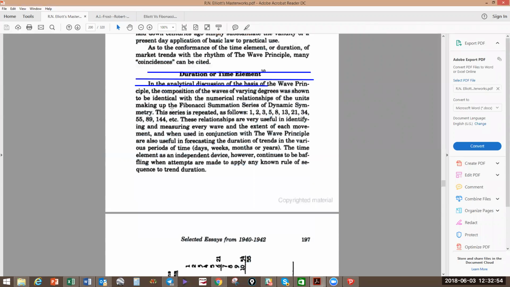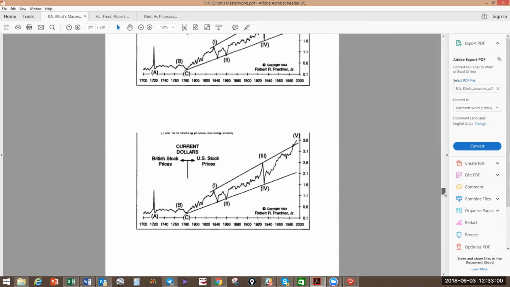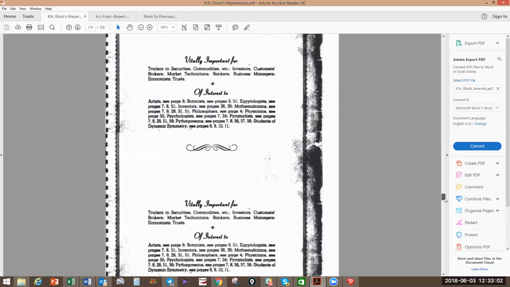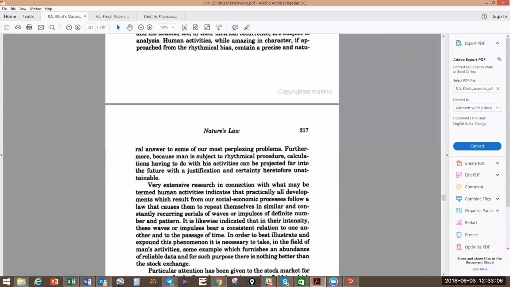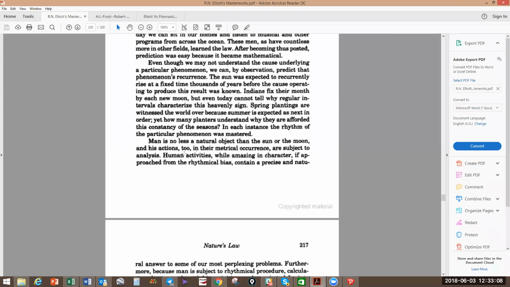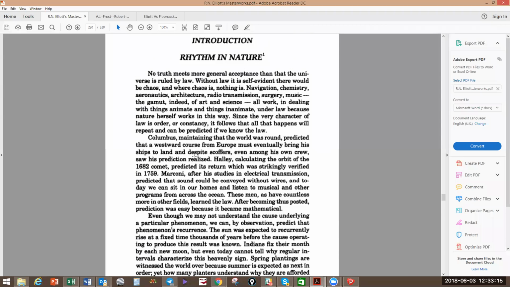So here's another thing about law that I want to quote that is very important, and which is why we look for these patterns here. Excuse me, I get very excited when I look at these things. Nature's law. Let's see if I can find it.